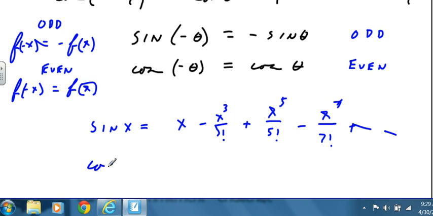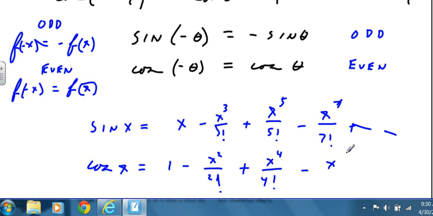And then the cosine of x is equal to 1 minus x squared over 2 factorial plus x to the 4th over 4 factorial minus x to the 6th over 6 factorial. And now you can see that sine is odd because all the exponents are odd. Cosine is even because all the exponents are even.